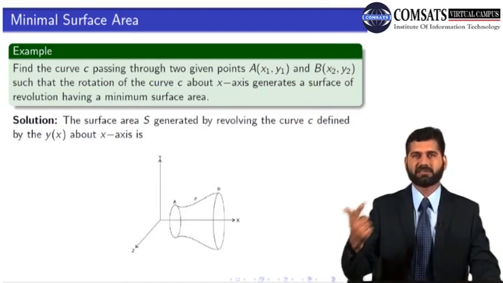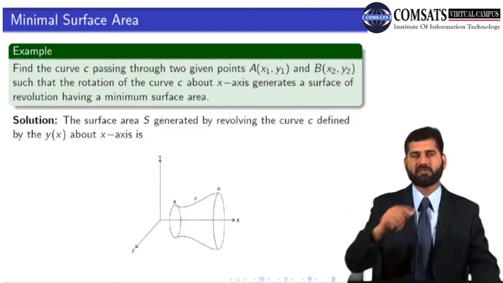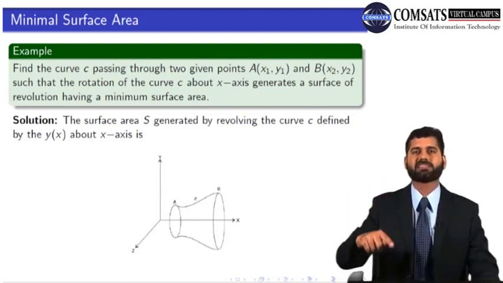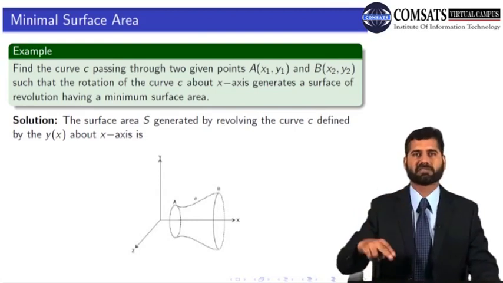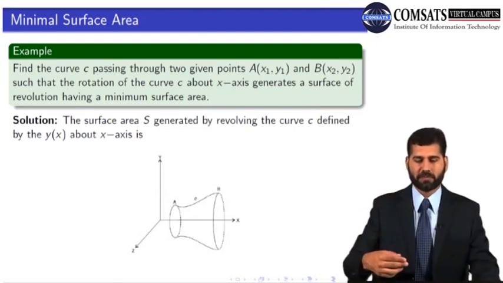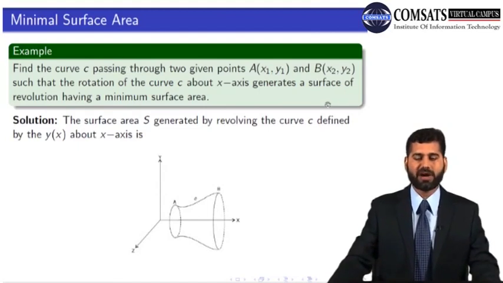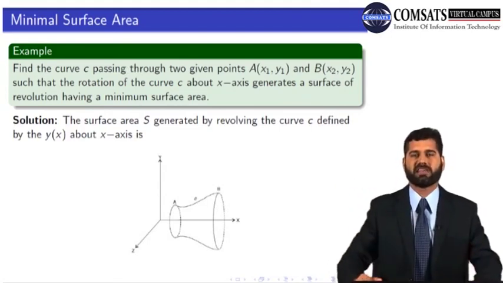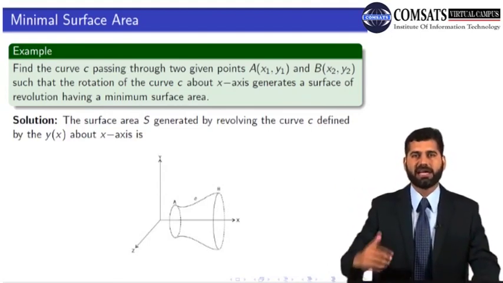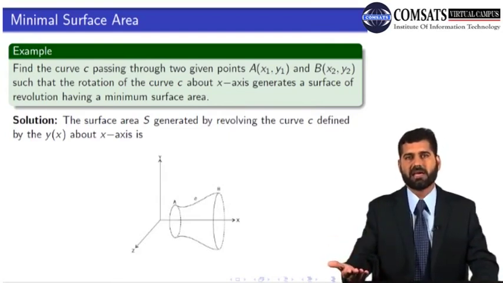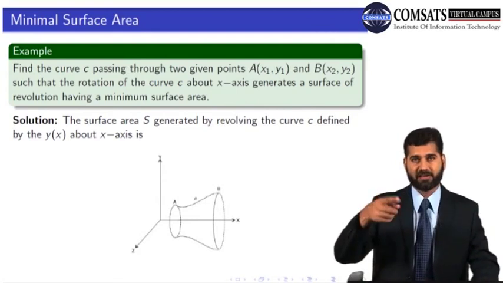You know that whenever we rotate a plane curve about some axis, it generates a surface which is called the surface of revolution. So we need to find a curve passing through two fixed points such that it generates a surface of revolution that has a minimum surface area.